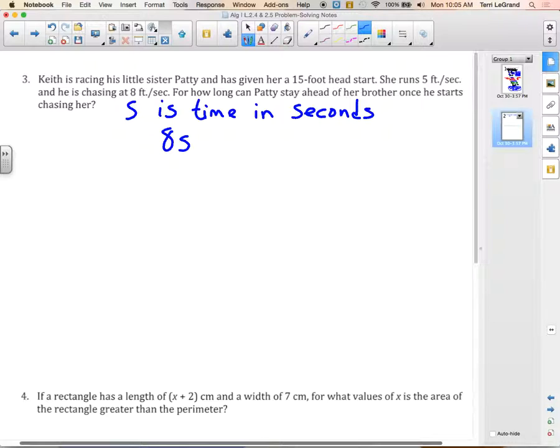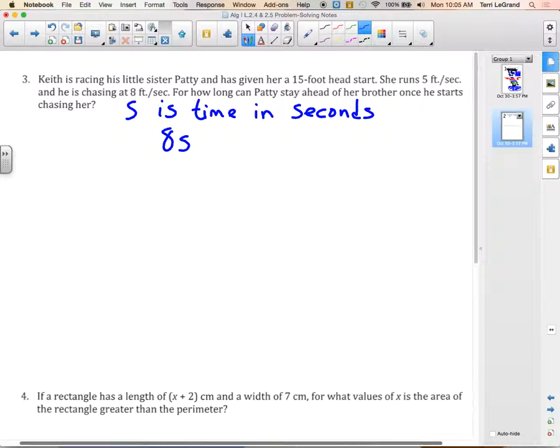That's the rate, how fast she's running, and the S is how long in seconds. So what is 8S actually representing? What does 8S give us? 8 gives us 8 feet per second. S gives us the number of seconds. What does 8S give us? Feet per second. 8 seconds.